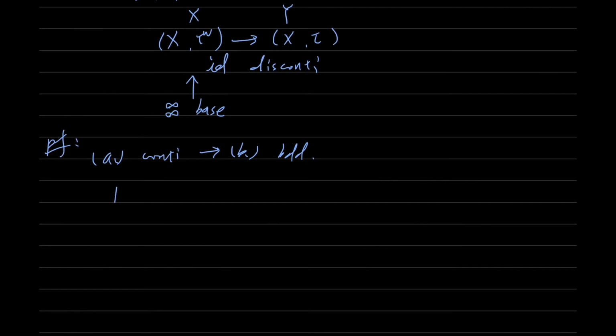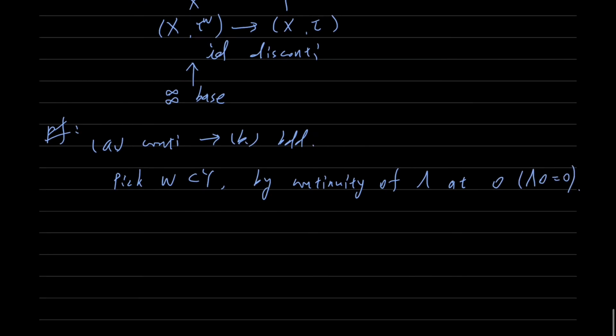So we just pick a neighborhood W in Y. Then by the continuity of lambda at 0, because lambda 0 is 0, there exists a neighborhood V in X such that lambda of V is inside W.